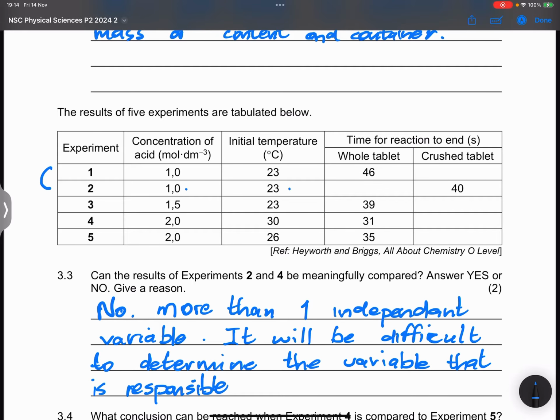In experiment 1 they used the whole tablet, and in experiment 2 they used a crushed tablet.